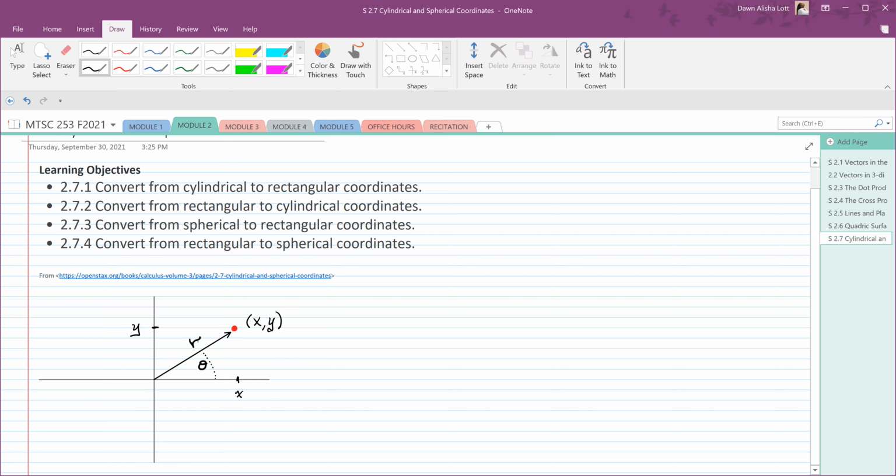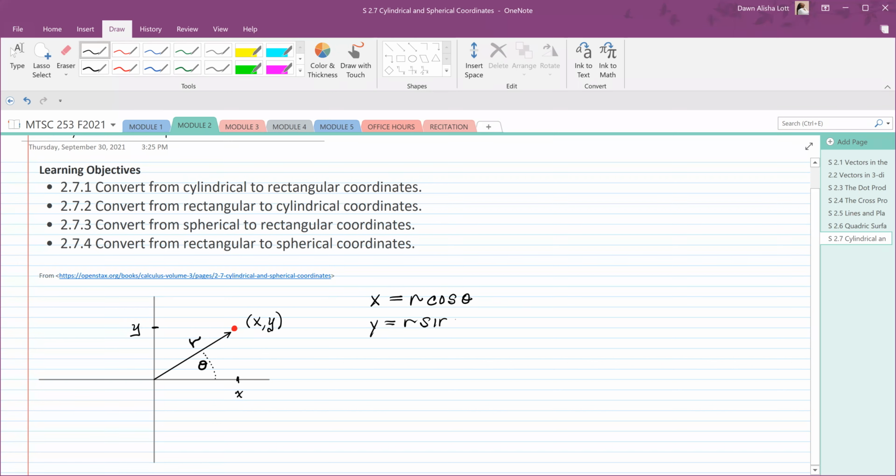And so we've already established that from going from polar coordinates to Cartesian coordinates, we know X is r cosine theta, and Y is r sine theta.